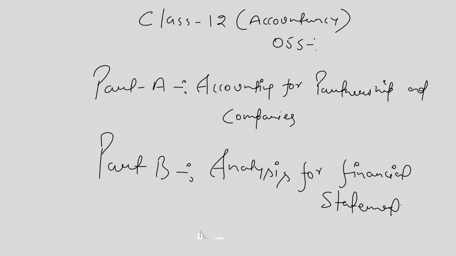So in the last year, in class 11th, the last chapter which we studied is preparation of financial statement. At the end of the year, the companies prepare financial statements to ascertain the financial or profitability position in the accounting year.